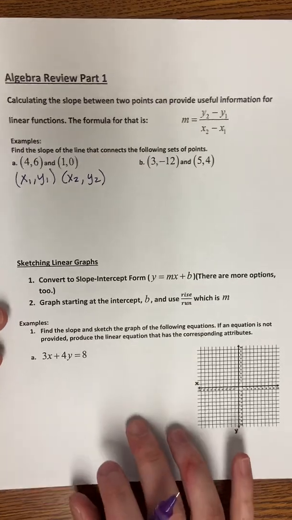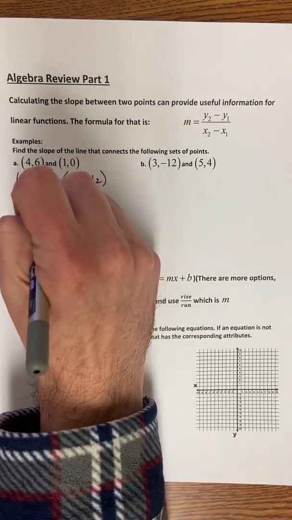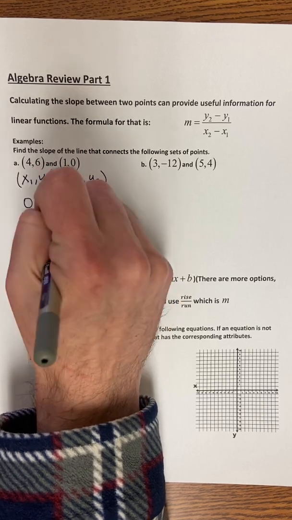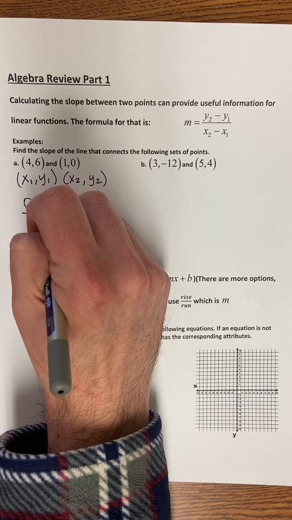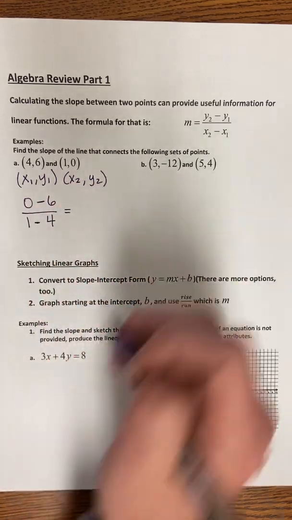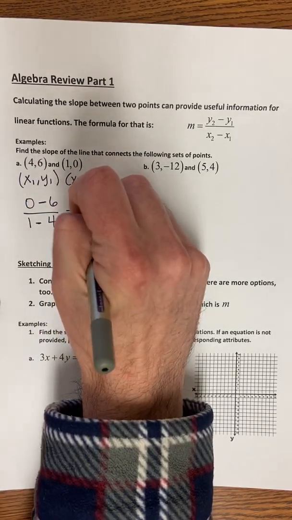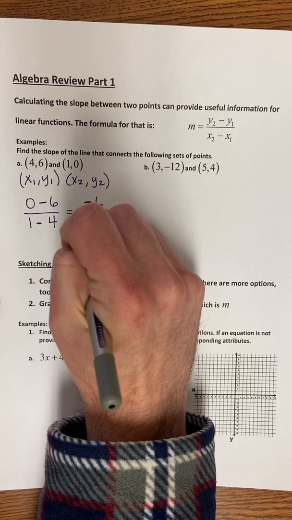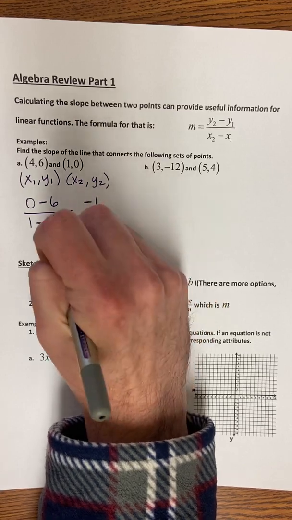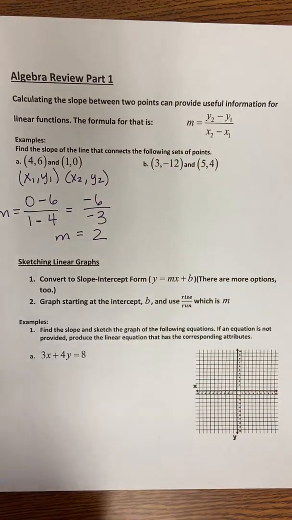And if I use the slope formula, my y2 is 0 minus y1 of 6 over x2, which is 1, minus x1, which is 4. And we get 0 minus 6 over 1 minus 4, which is negative 6 divided by negative 3, which is 2. So our slope in this case is 2.